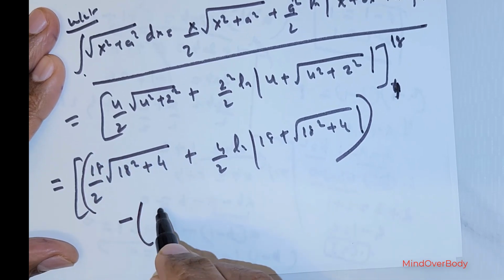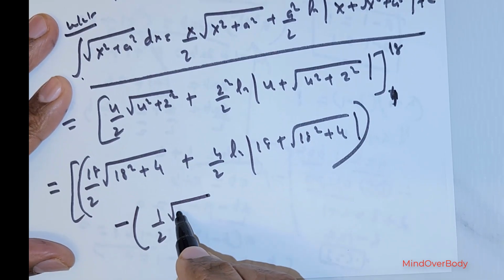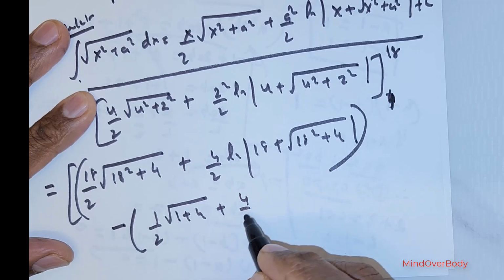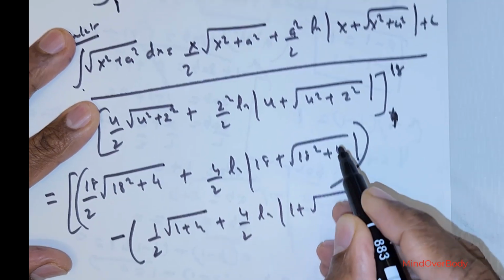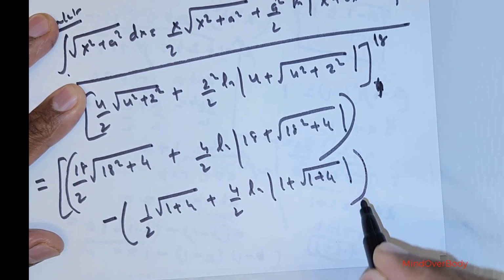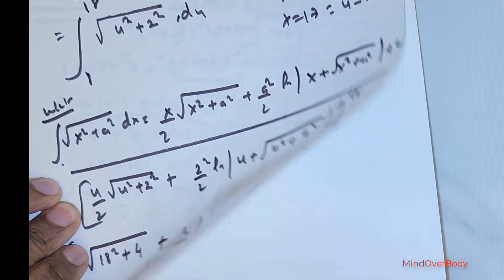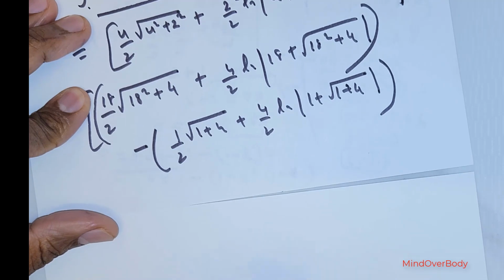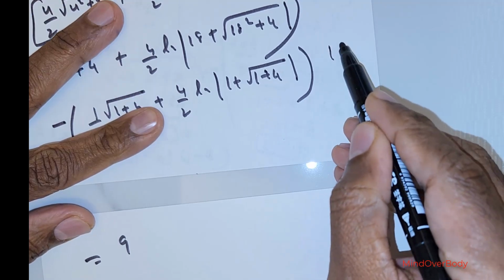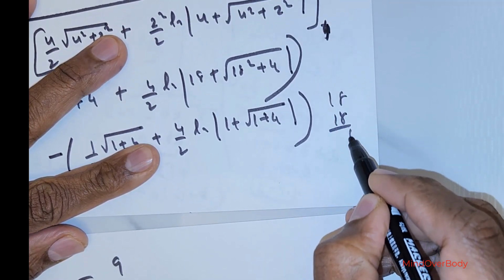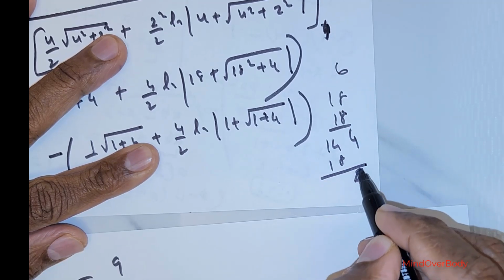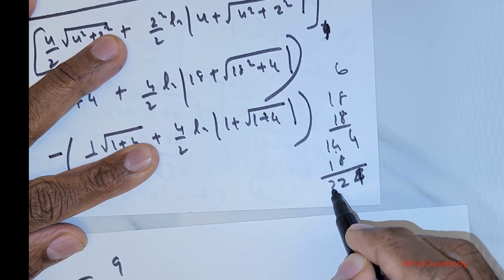Parenthesis and 1 over 2 root of 1 squared plus 4 plus 4 over 2 ln modulus of 1 plus root of 4 plus 1, that's going to be 5 there, so just write that out. Okay, so now we have to evaluate this limit. So let me go to the new space here. So this is equal to 2 divides 18, 9 times 18 squared. What is that 18 squared? 18 multiplied with 18, that is 324.